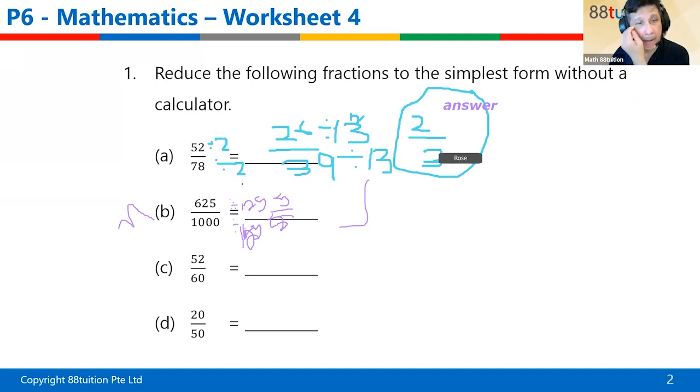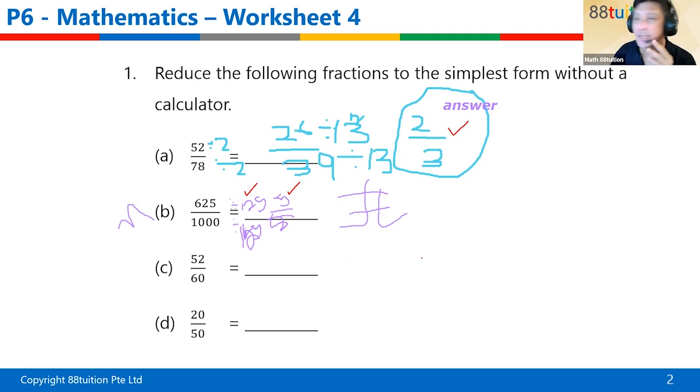Then you'll get 125. Yes, okay. And if you are simplifying that, out of 200, you will get 5/8. Okay, 5/8 is correct for B. For A, we come back to A. 2/3 is correct as well. So that is the simplest form.